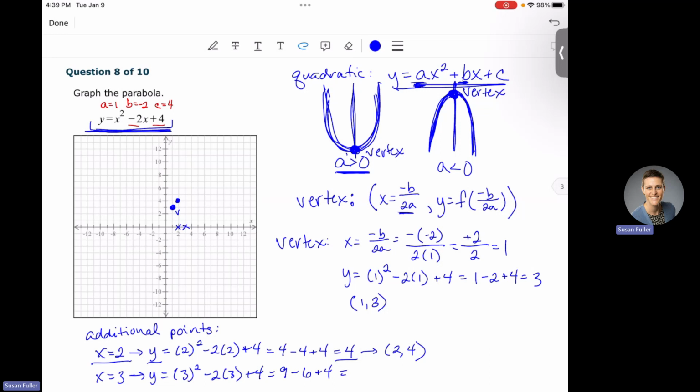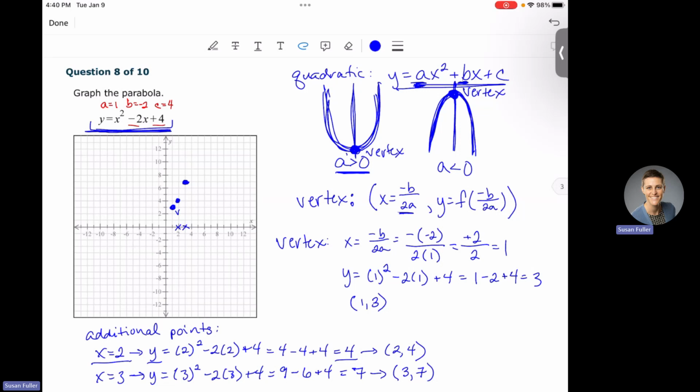Now I can add from left to right. 9 minus 6 is 3, plus 4 gives me 7. And that means overall the ordered pair that's on my graph is x equals 3, y equals 7. So now I'll put that one on my graph. 3, 7 is right here. So we can see the side of our U forming.